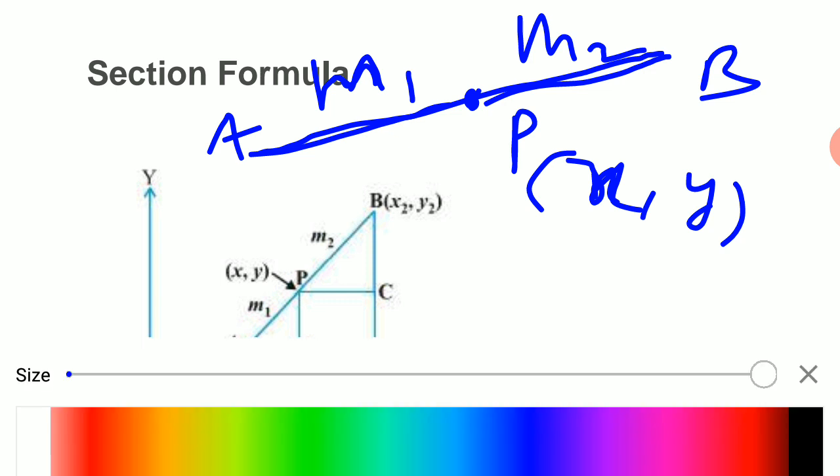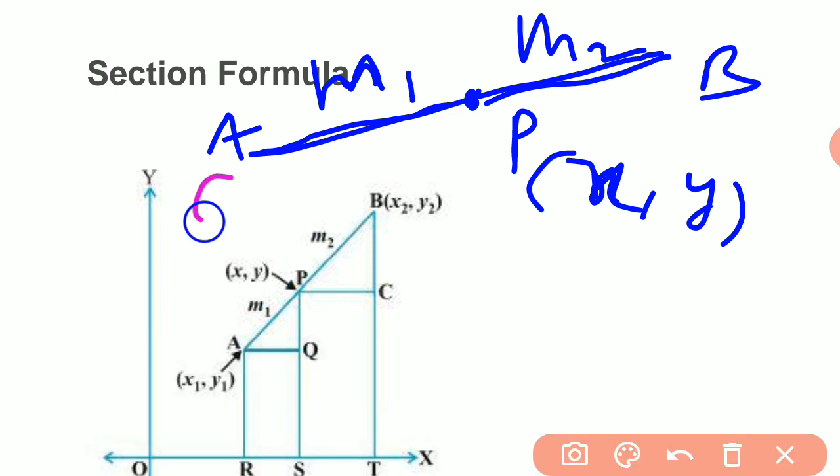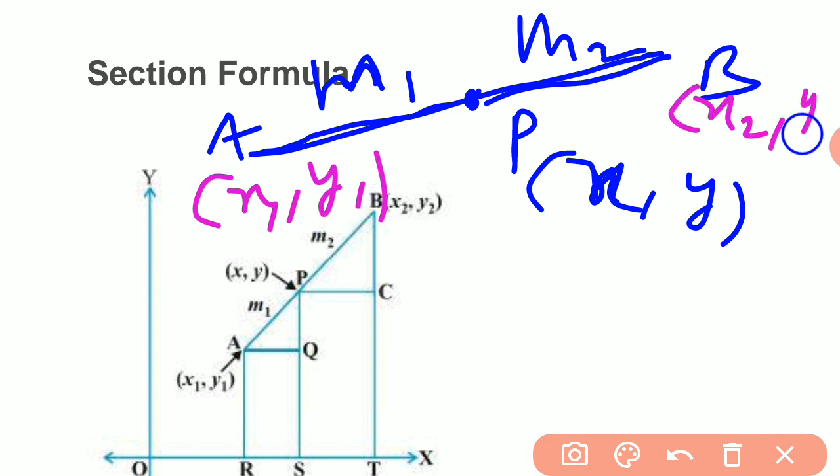In this case, we will suppose that the coordinate of A is x1 y1 and the coordinate of B is x2 y2, and the ratio of AP to BP equals m1 to m2.